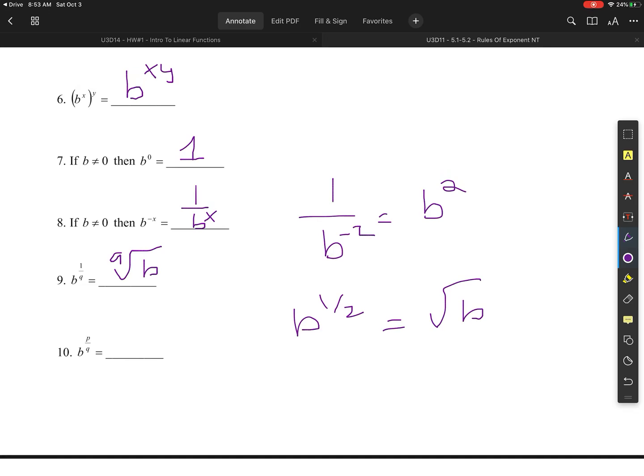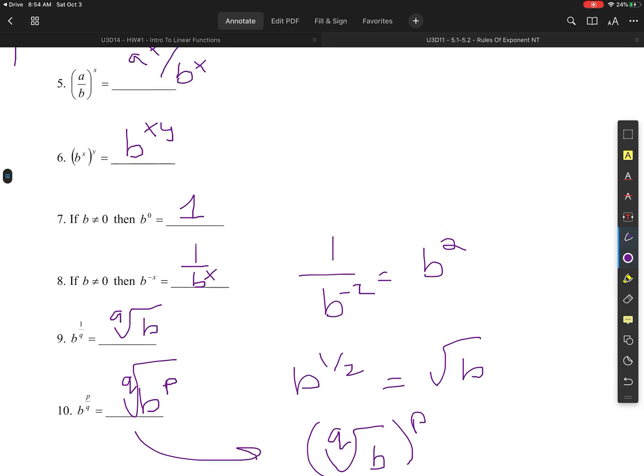You can write this as b to the power of p all under rad q. Or we can flip it around. We have q, the q root of b, all raised to the p power. Now it does not matter which way you do it. Either way will give you the exact same answer. Right, so depending on what we're doing, it might benefit you to do it one way or the other.